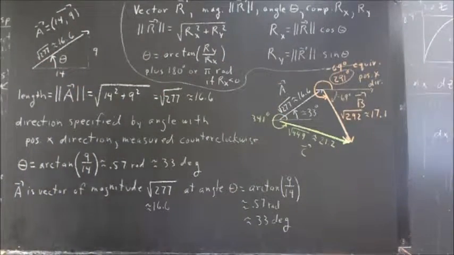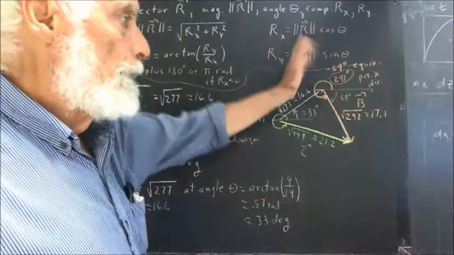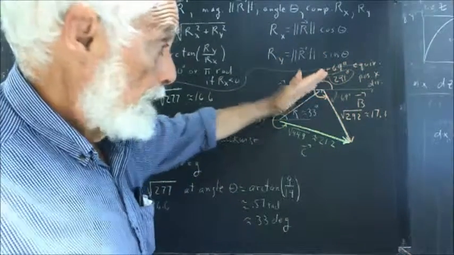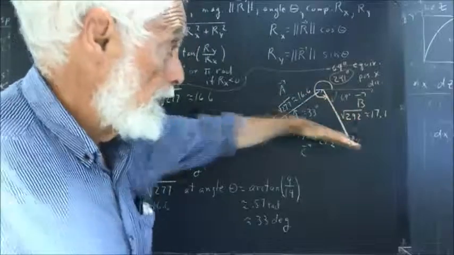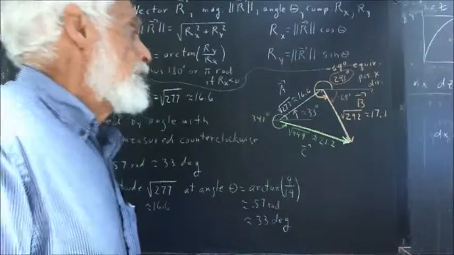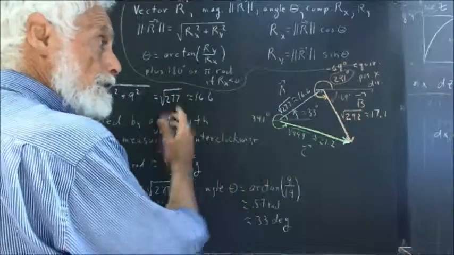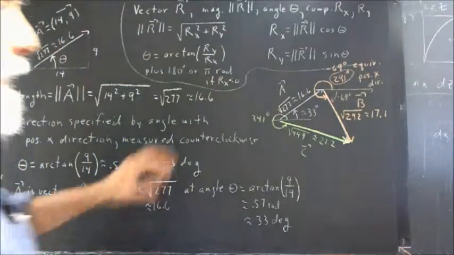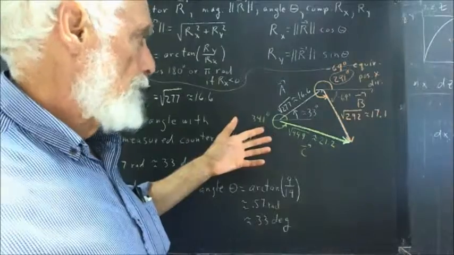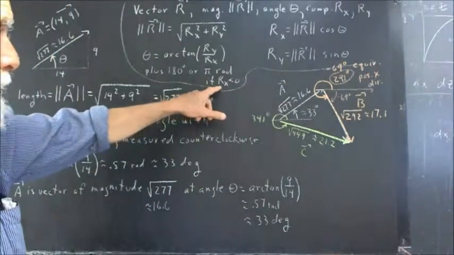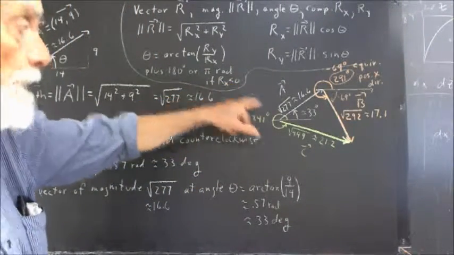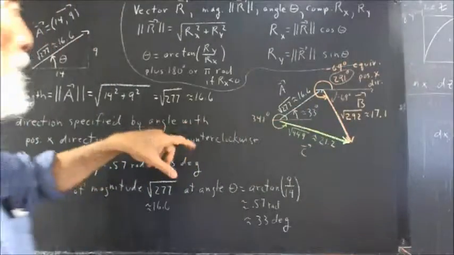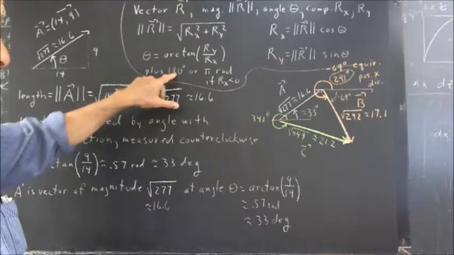Now I'll note again that all these angles are in either the first quadrant, as the first one, or in the fourth quadrant, as these two. If an angle is in the second or third quadrant, then the arctangent is not going to distinguish that. You have to make the judgment. If the x component had been negative for any of these vectors, then we would have had to add 180 degrees.